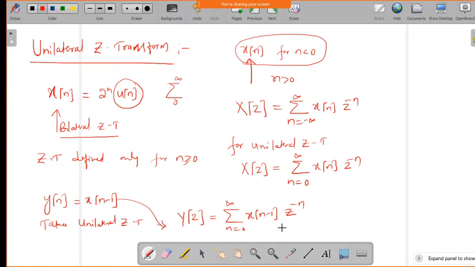Now if I put n equal to 0, we get x of minus 1, plus, into z power 0.